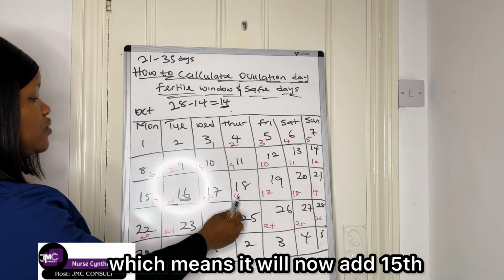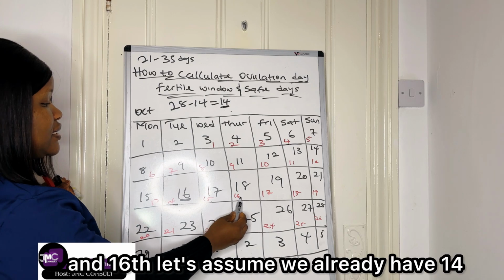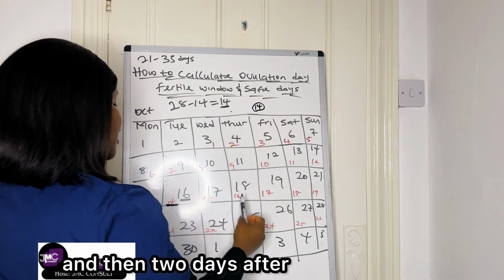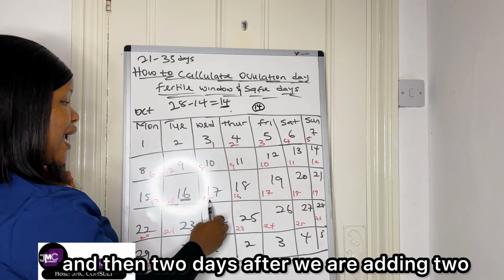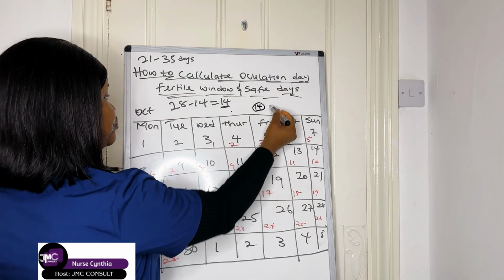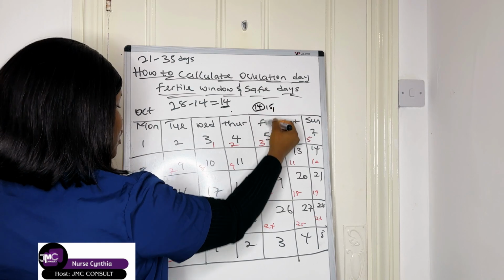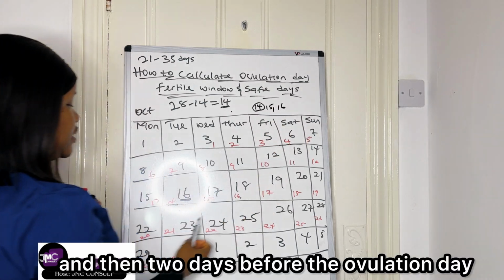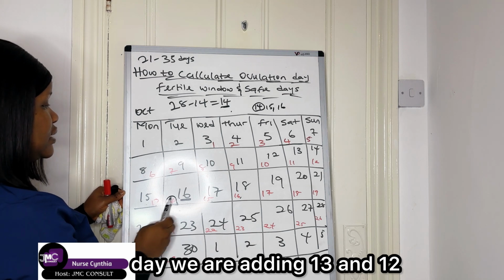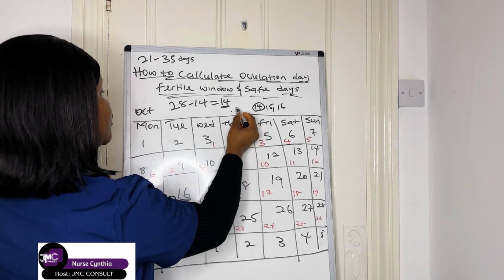Let's say we already have 14, which is the ovulation day. And then 2 days after, we are adding 15, 16. And then 2 days before the ovulation date, we are adding 13, and 12.